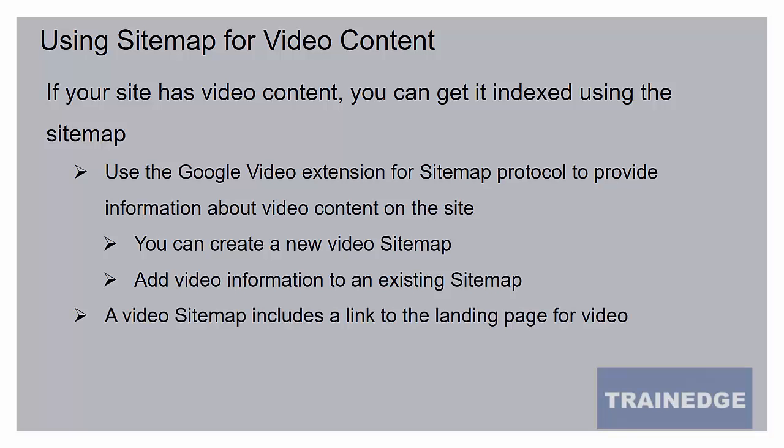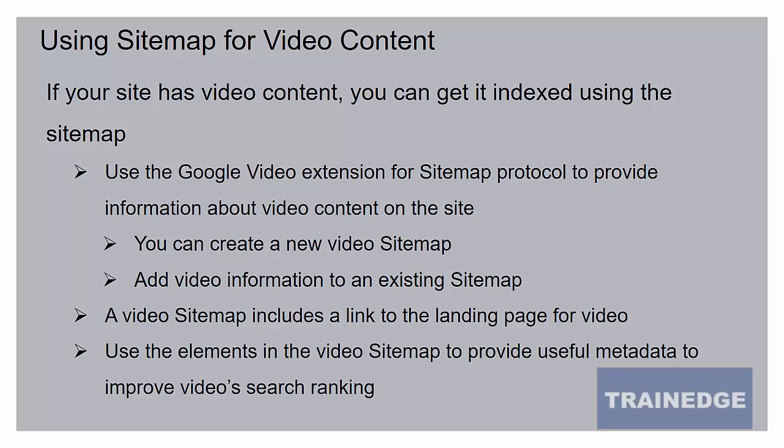The video sitemap will include a link to the landing page for the video, or the page which has the video, and you can use the metadata in the video to provide information about the video in the sitemap itself. So that will help Google index your video a lot better.